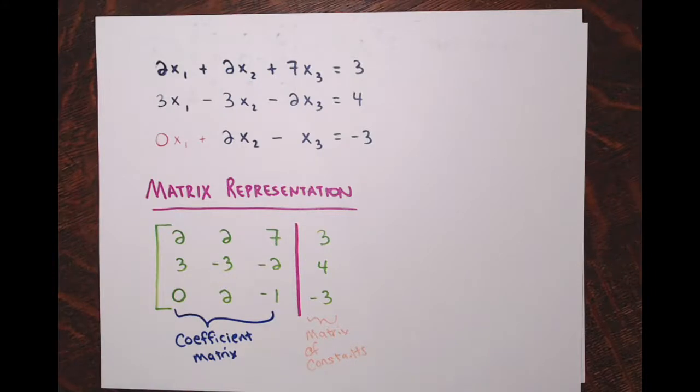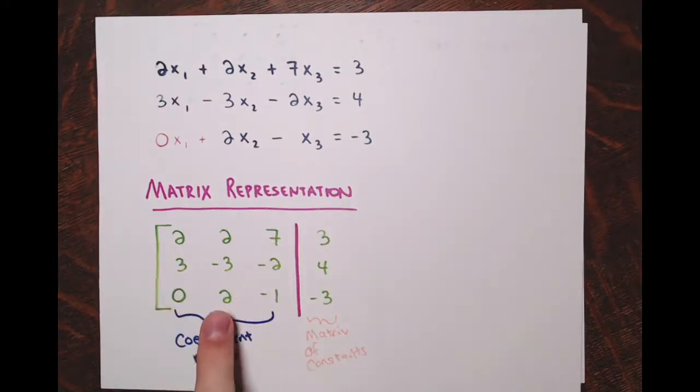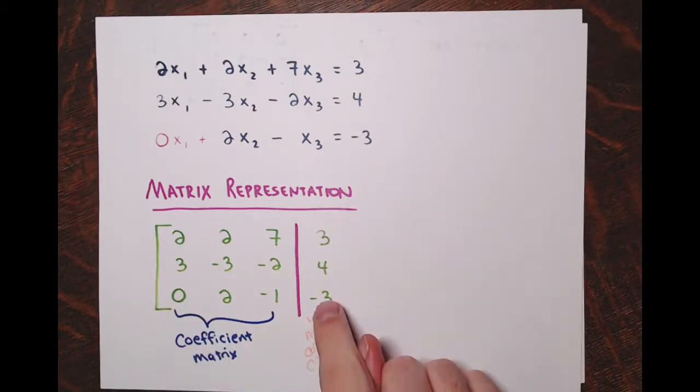The coefficient matrix is a 3 by 3. The matrix of constants is a 3 by 1.